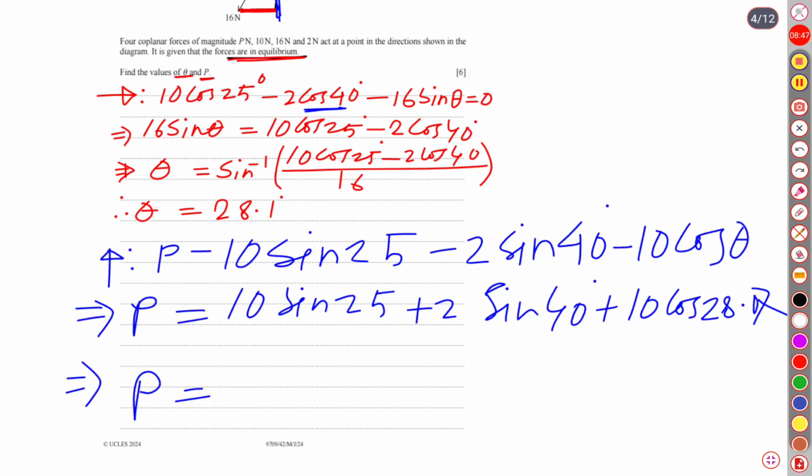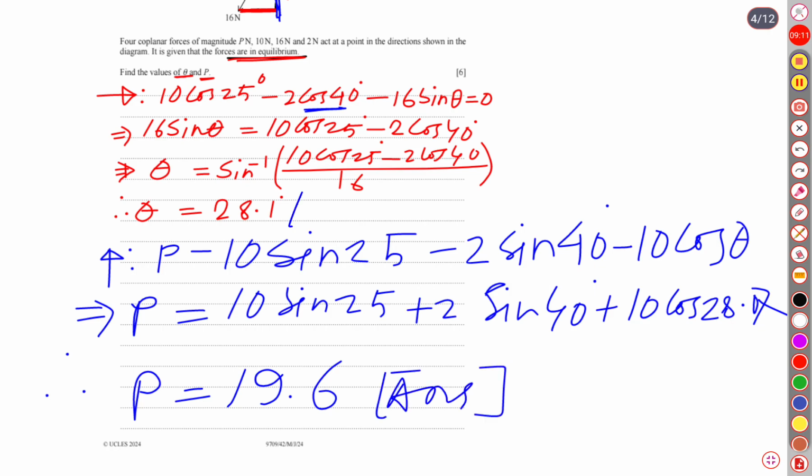That means it is going to be 19.6. This is the last of all steps, that's why we can write the hence symbol over here. Hence our P is 19.6 Newton. So this is one of the answers, and we have already obtained the other answer, the value of angle theta.